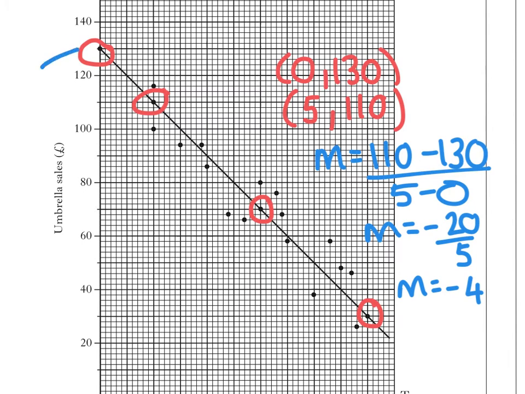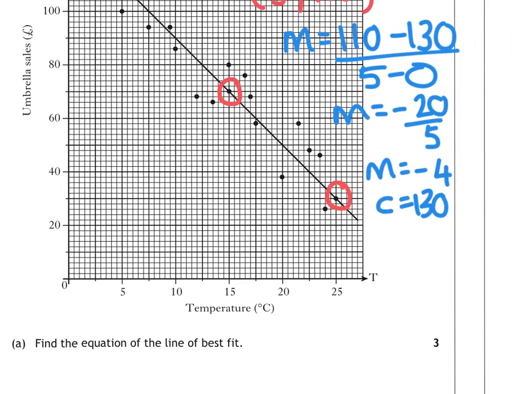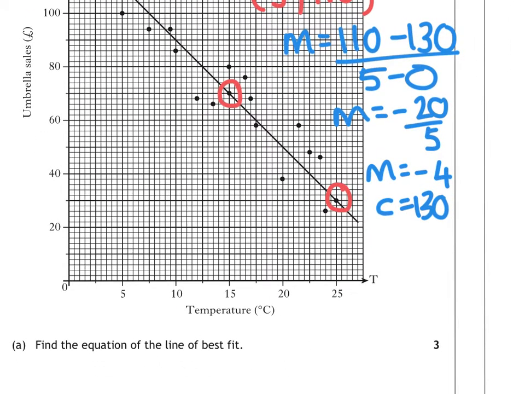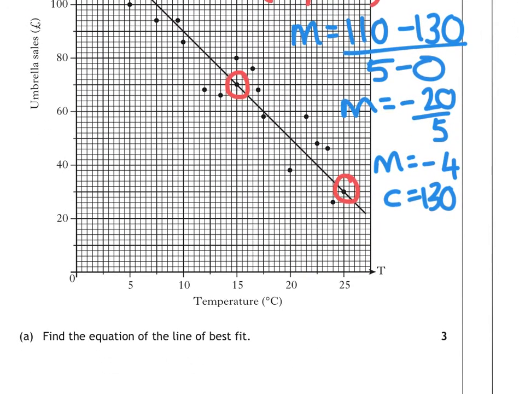The C value is this. That is 130. So C is 130. So I can go straight to writing in my equation of the line. So my equation of the line is y equals minus 4x plus 130.